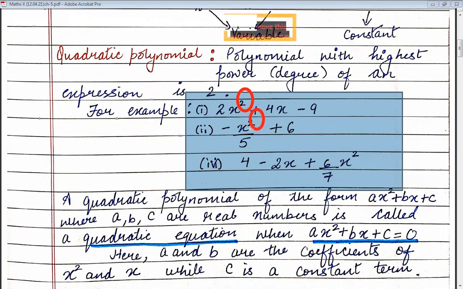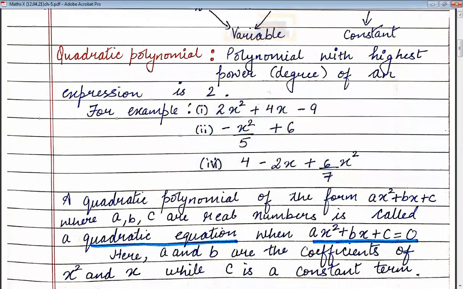Here also the degree is 2, and this is also a quadratic polynomial. Similarly, the third one also. Sometimes, if it is given in another form, like a fraction, first you have to convert it into the proper form, and then you check whether it is a quadratic polynomial or not.